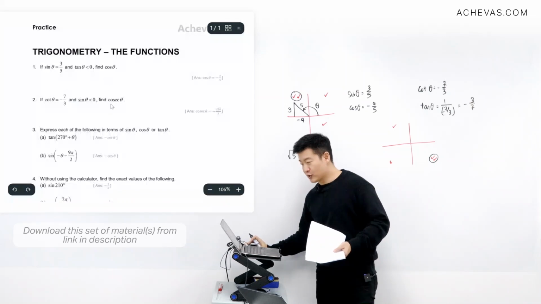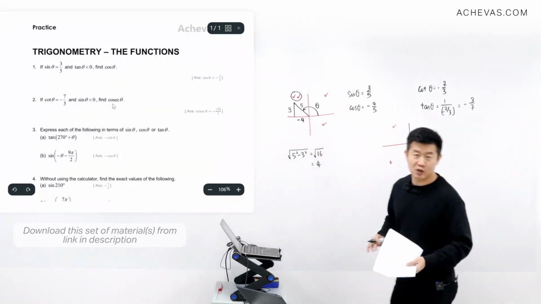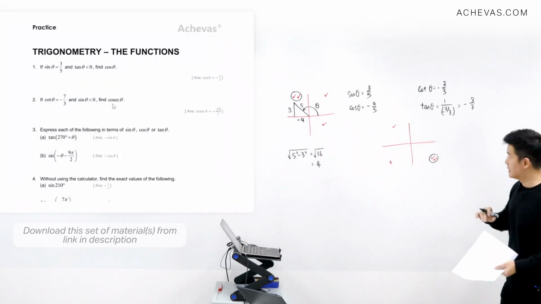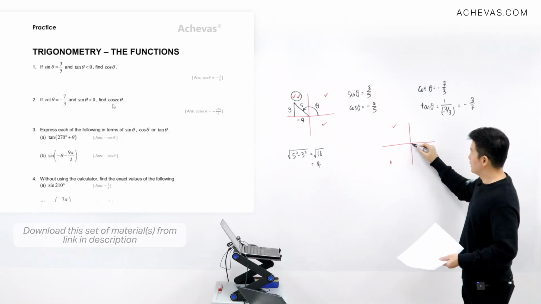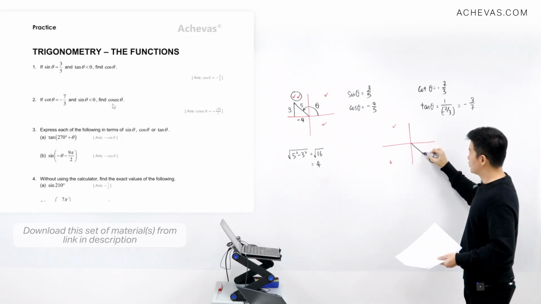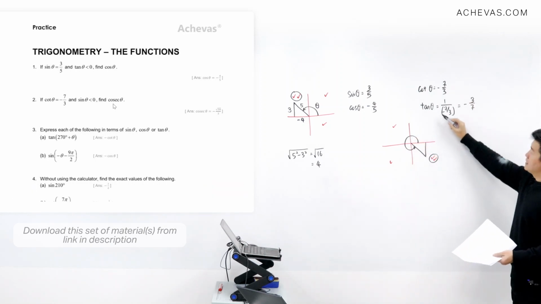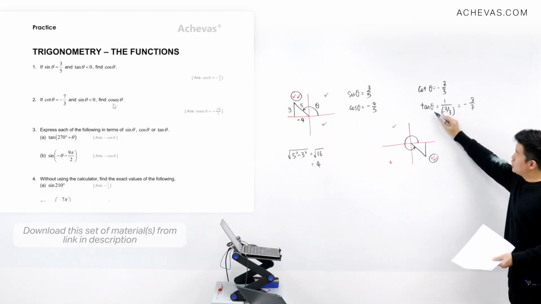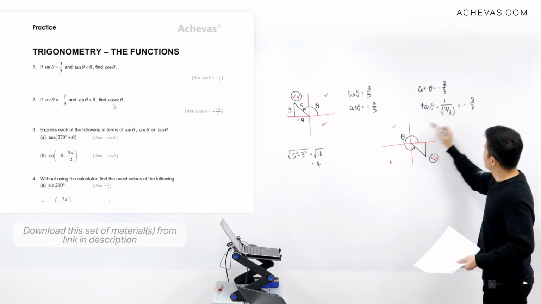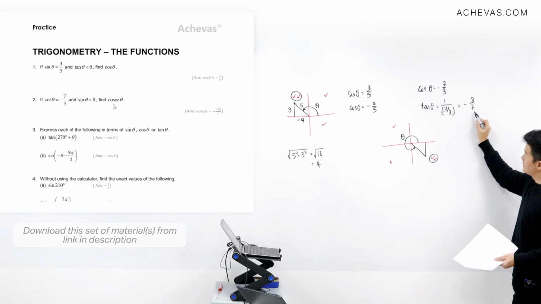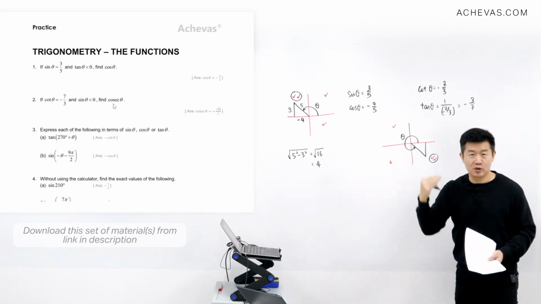Let's now try to solve for cosecant theta. Cosecant theta is 1 over sine theta. So let's draw the triangle first. The triangle is going to be this, and the angle is going to be this. And we are given by the question that tangent of this angle theta is minus 3 over 7. So tangent is opposite over the adjacent.